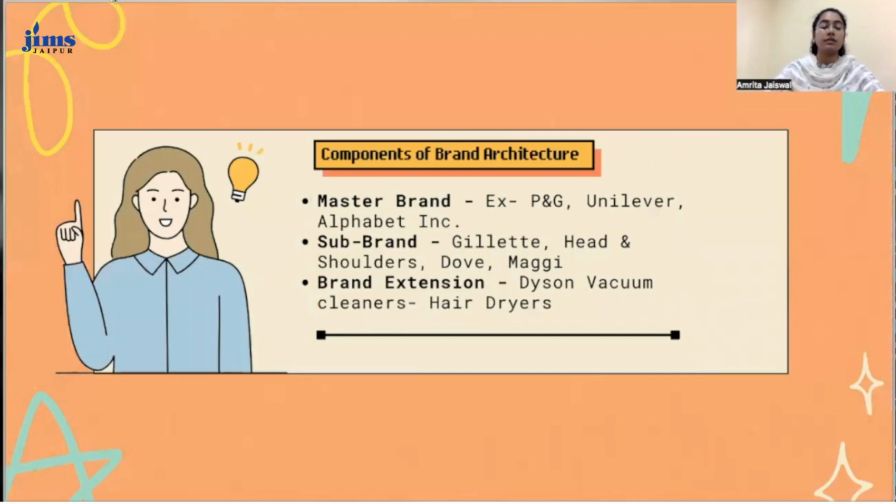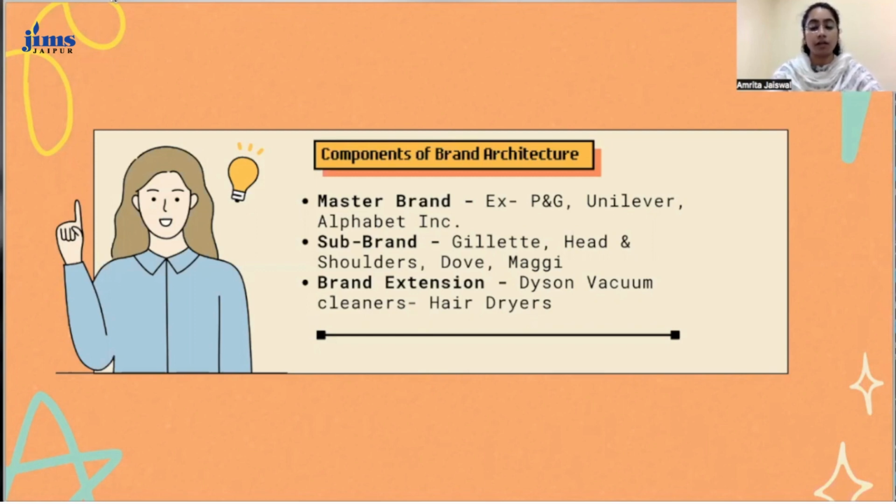In the previous slides, you learned that in a family tree, there are different members having different personalities. Similarly, in a brand architecture, there are different components: there is master brand, there is sub-brand, and there is brand extension. Let's try to understand each one of them, starting with the master brand.